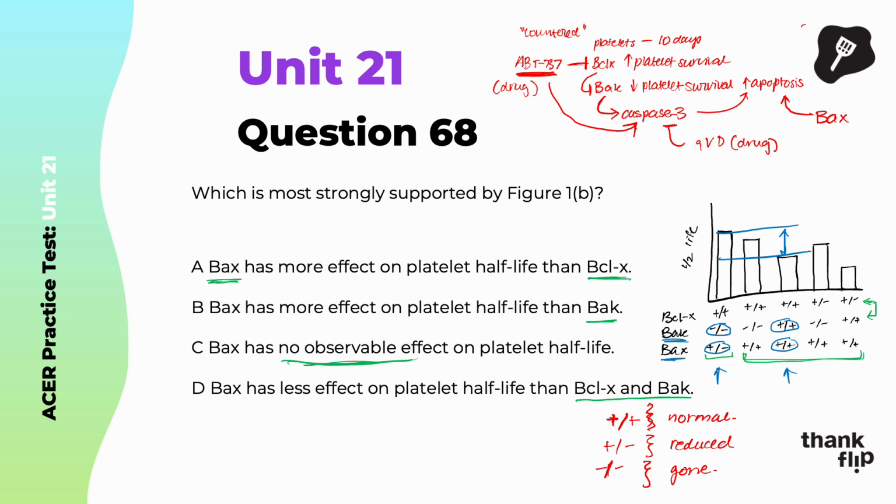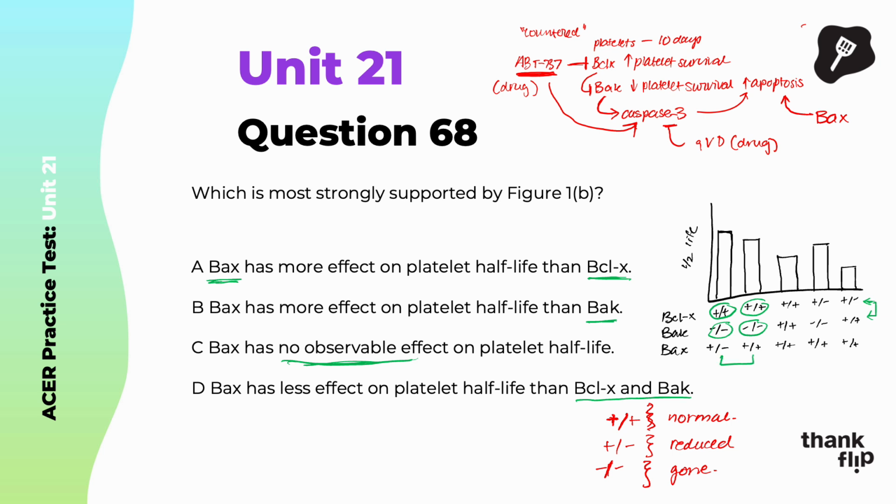So what you really want here is for your other two variables to be constant. And in this scenario, we have that. So we have this constant across these two columns, and this is also constant between these two columns. The only thing that is changing here is the BAX being reduced.